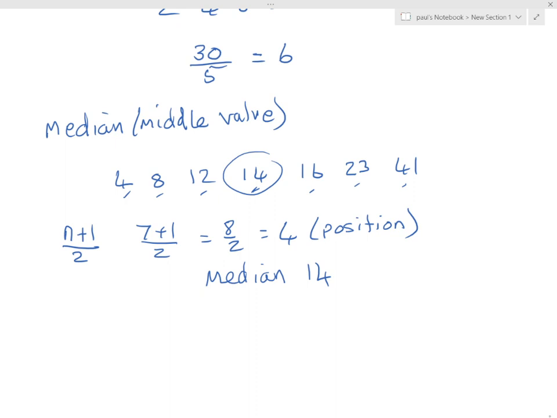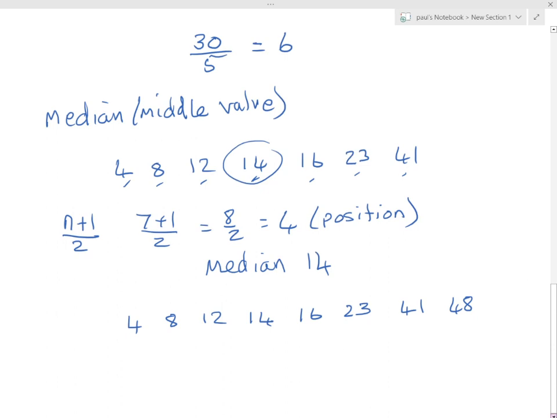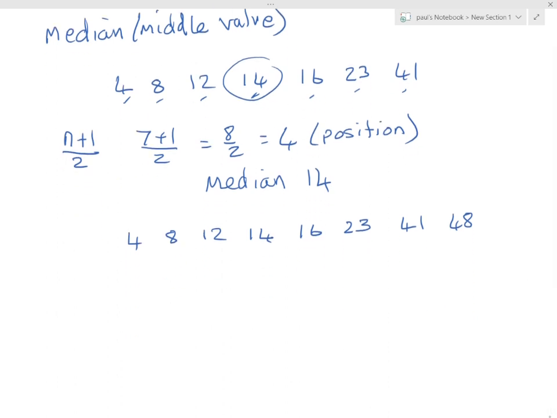Now, what happens if there is no number in the middle? Let's do this: 4, 8, 12, 14, 16, 23, 41 and 48. This time we use n plus 1 divided by 2 again. Now we've got 8 numbers, so this is 8 plus 1 divided by 2, which is 9 divided by 2, which is 4.5.